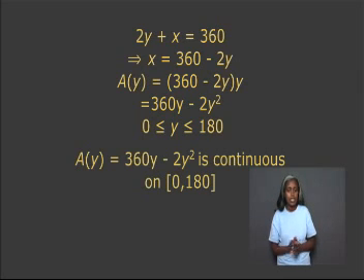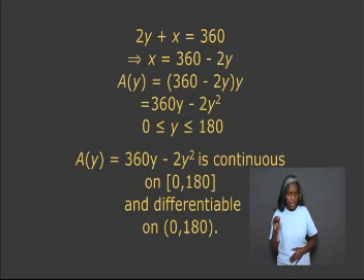The function 360y minus 2y squared is continuous on the closed interval of 0, 180, and it is differentiable on the open interval of 0, 180.